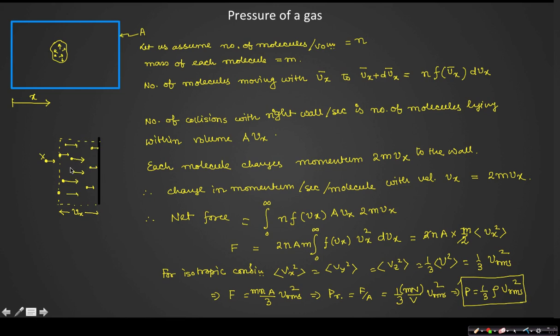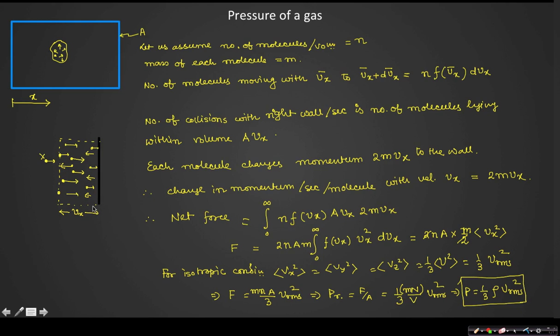But you should remember that here I have taken the velocity from Vx to Vx plus dVx. I have not mentioned whether this velocity is along the positive or negative x-axis, because some molecules will also move in the negative x-axis, and those are not going to collide with this vertical wall, right?